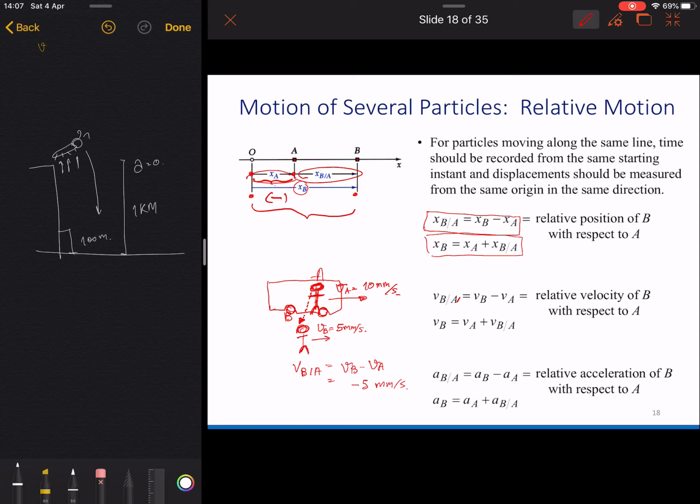The bus is really fast, running at, for example, 1000 meters per second. Then you see B walking on the walkway very slow. But when you look from the bus, you will see that B is moving backwards because you are running faster.